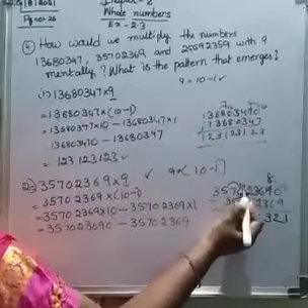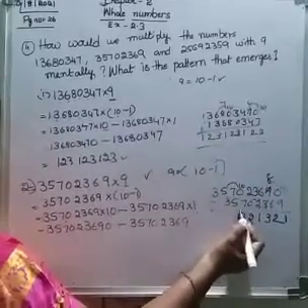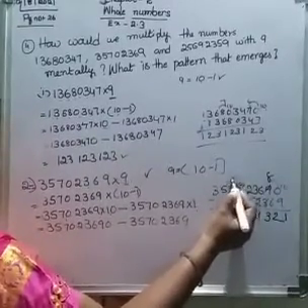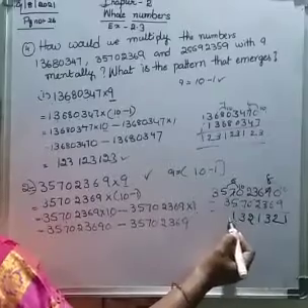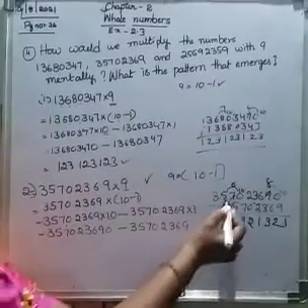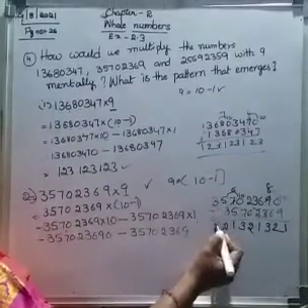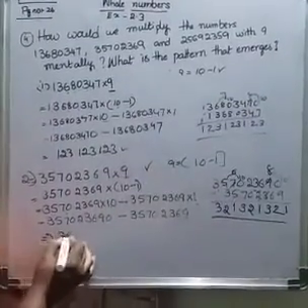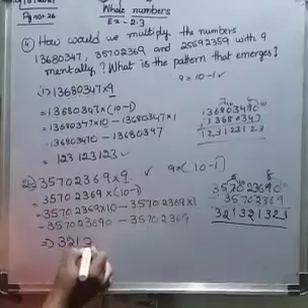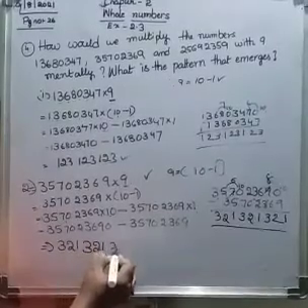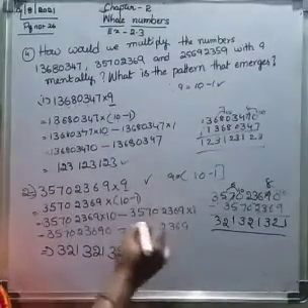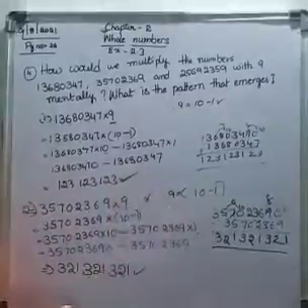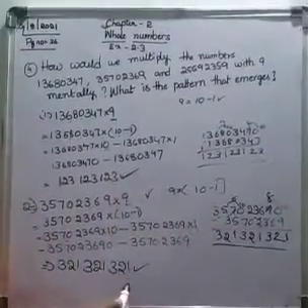Again take borrow: 10 minus 7 is 3. 6 minus 5 is 1. 5 minus 3 is 2. Write down 3. So what do we get here? 3, 2, 1, 3, 2, 1, 3, 2, 1. This is also one pattern, no? Here 1, 2, 3, 1, 2, 3, 1, 2, 3 and 3, 2, 1, 3, 2, 1, 3, 2, 1.